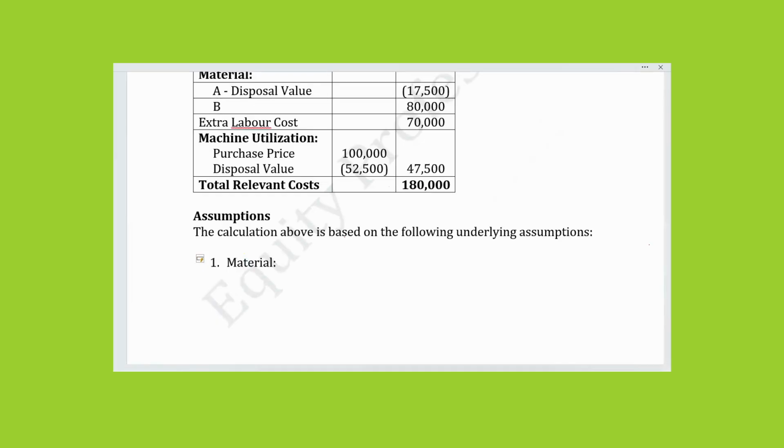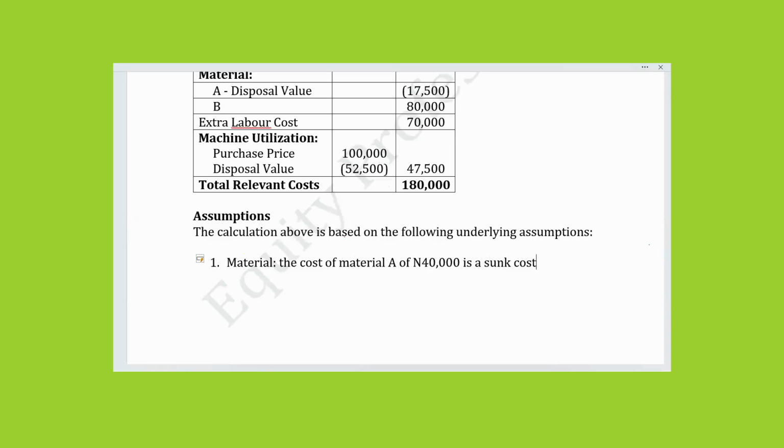Material. So then say the cost of material A of 40,000 naira is a sunk cost. You have to call it sunk cost. It's a terminology in performance management. You have to mention it. Don't call it past cost.